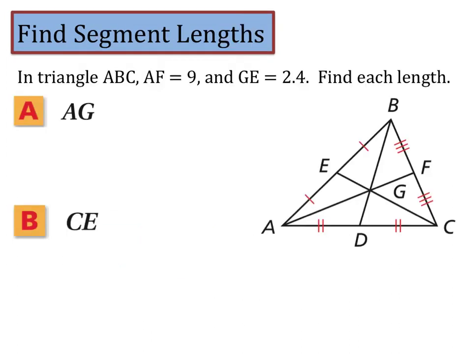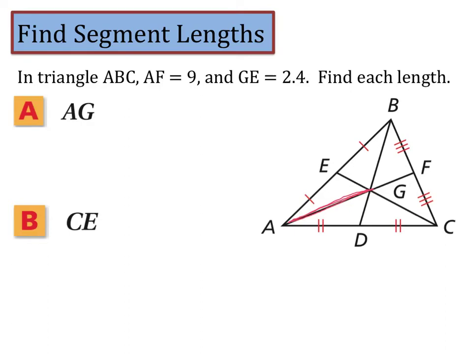Now let's use the centroid theorem to find segment lengths. In triangle ABC, segment AF is equal to 9 and segment GE is equal to 2.4. Let's find each length. So here we want to find the length of AG. Now we know that AG has to be 2/3 of AF.